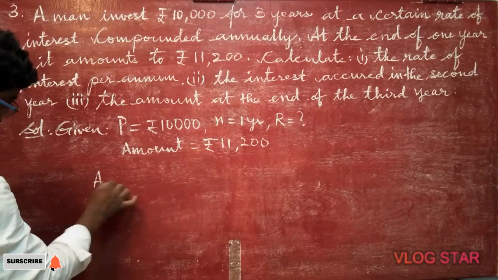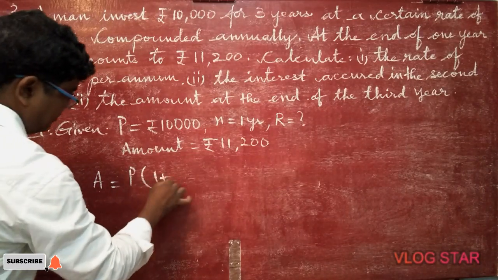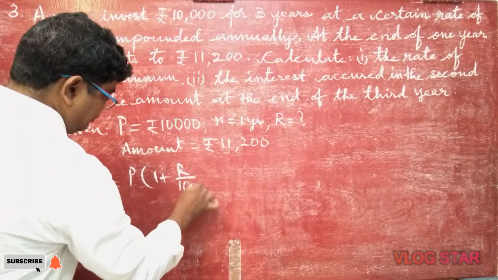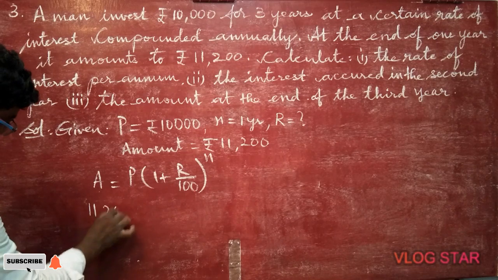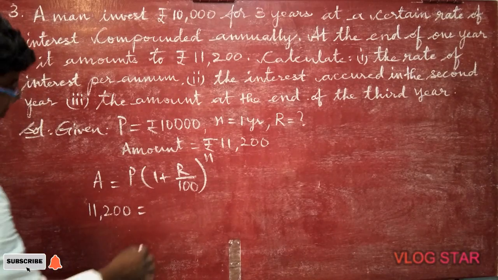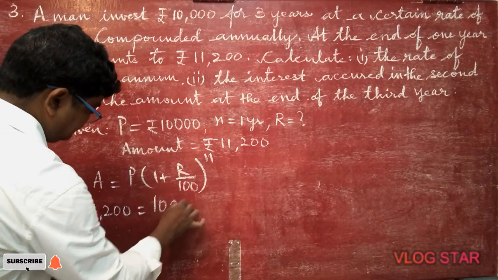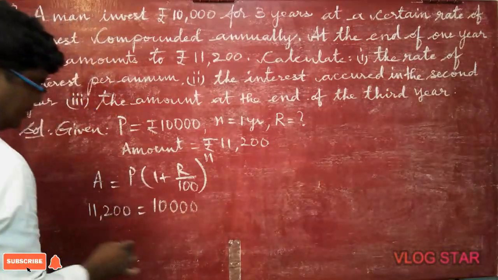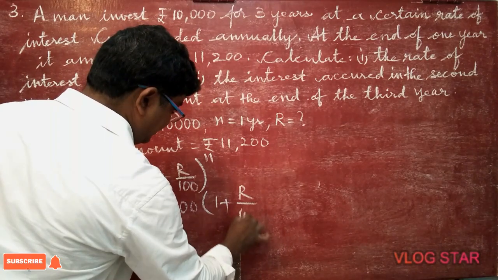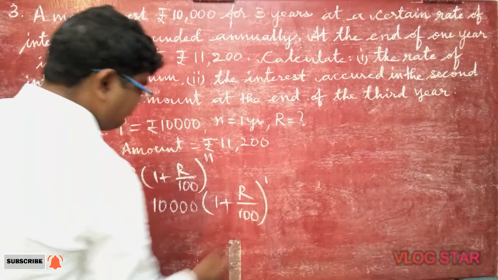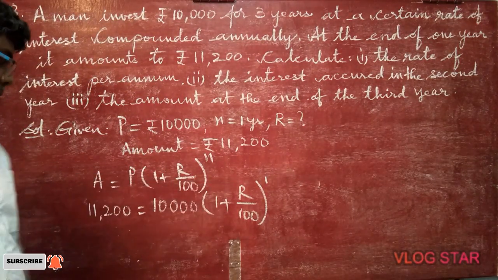So what is the formula for amount? P into 1 plus R by 100 whole to the power of N. 11,200 is equal to 10,000 into 1 plus R by 100 whole power 1. 1 year. If you write 1 or not writing also no problem.